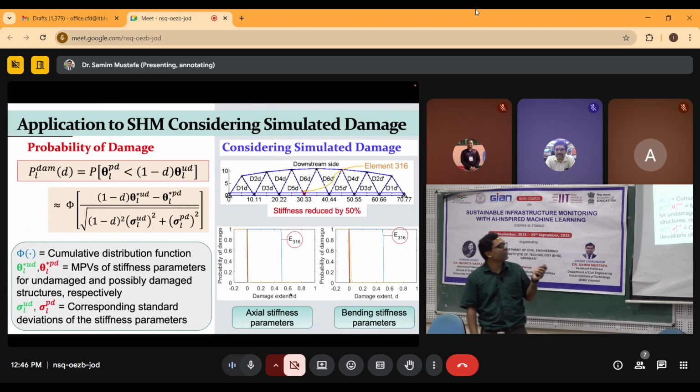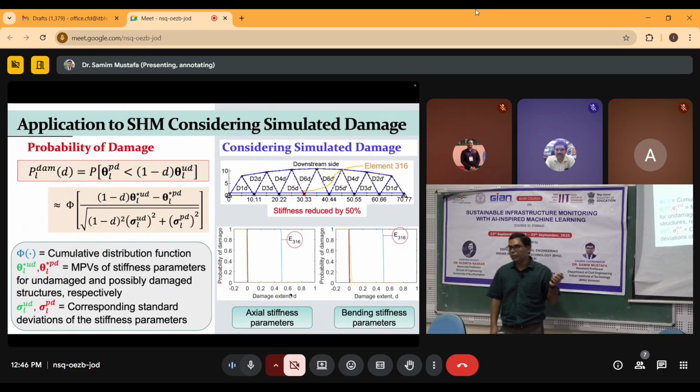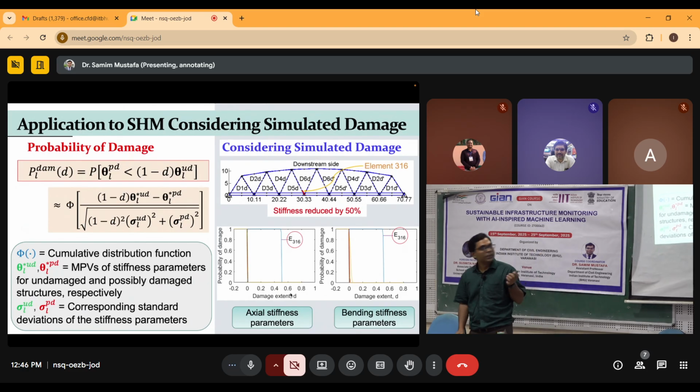There is an equation where you introduce a damage factor D, which uses the updated theta corresponding to the damaged structure and the undamaged structure, or you can say two different measurement times.